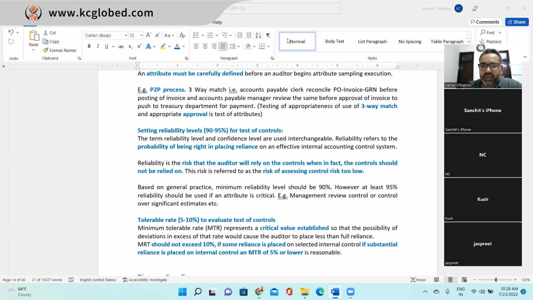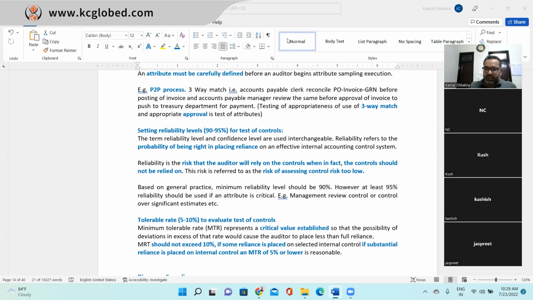Below we have certain tables to explain this, but just try to keep these two things separate. For example, if all the samples you have tested are perfectly fine, what will you as an auditor be considering? You will be relying on control, yes or no? Yes, right? Whereas in the rest of the population, there are misstatements.